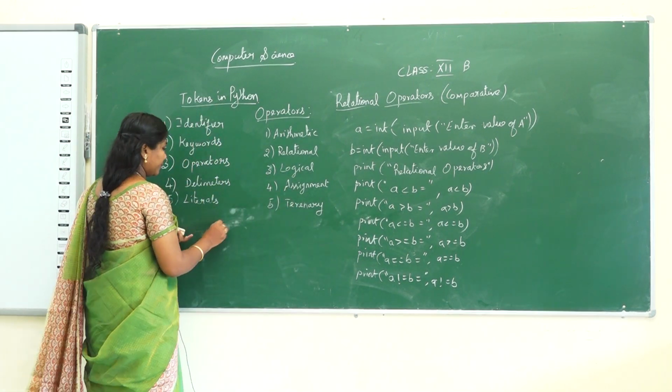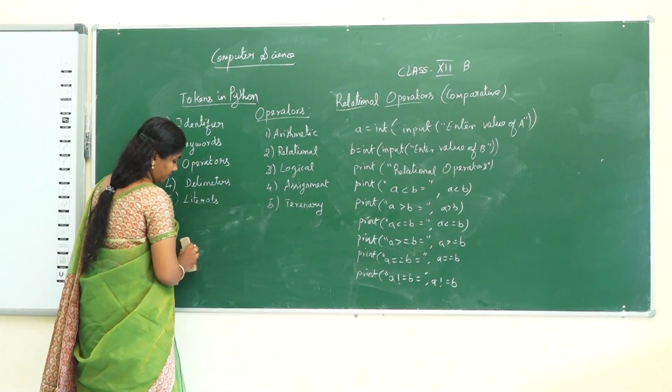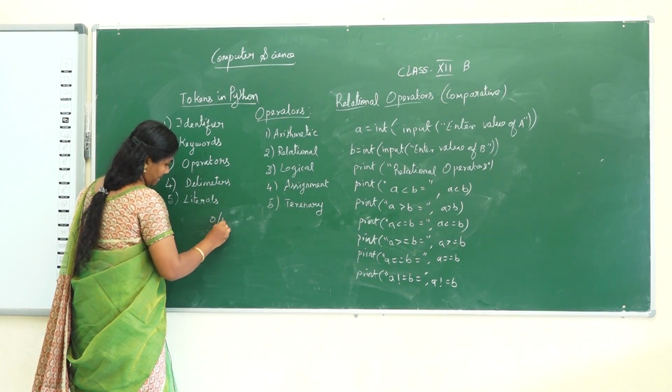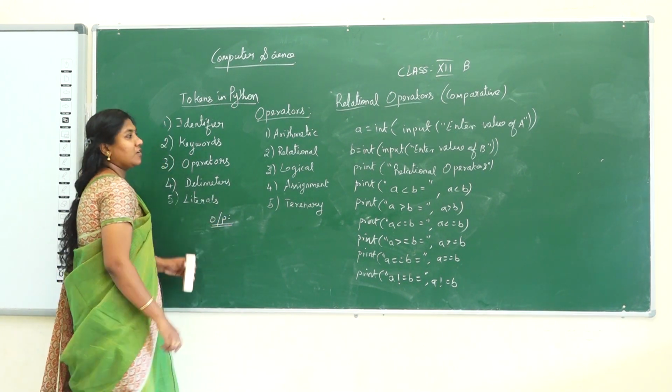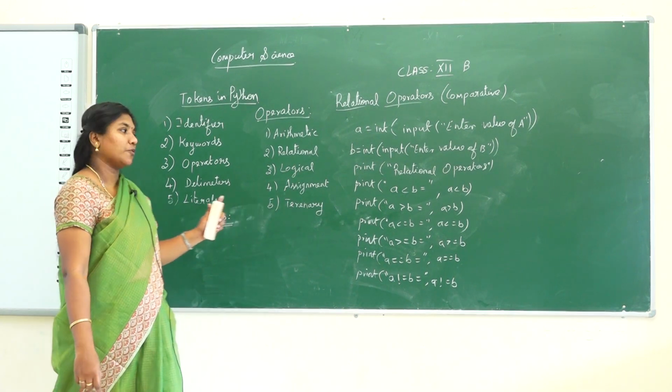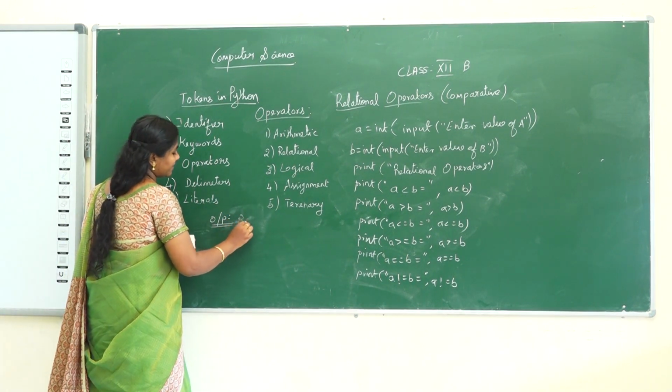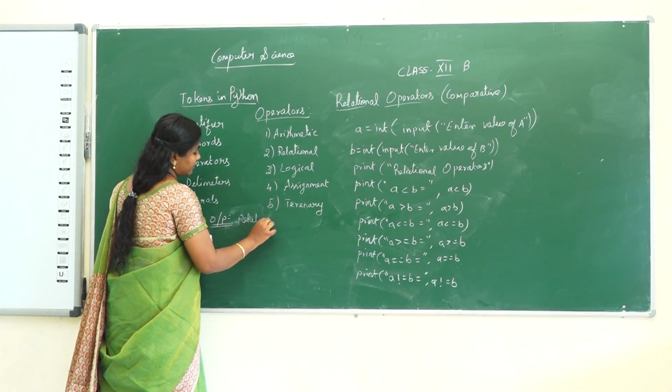So what will be the output for this program? What is the first print statement? Relational operators.